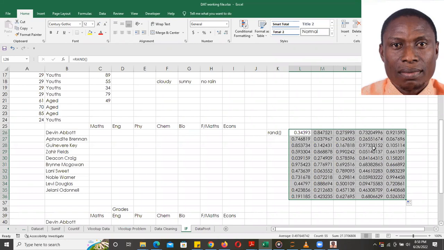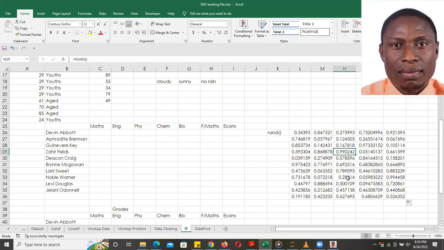If you check all these numbers, none of them is more than 1. Look at it, 0.990. So it's going to be between 0 and 1. That's what the RAND function does.